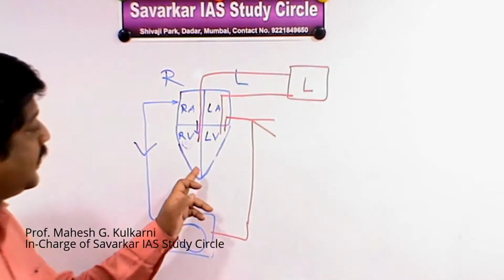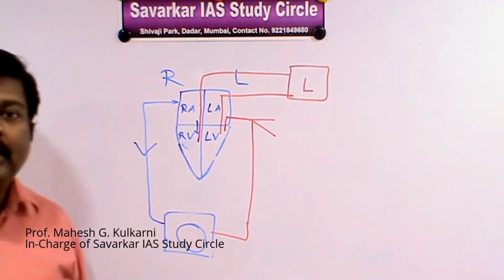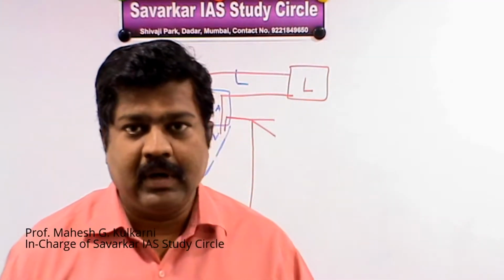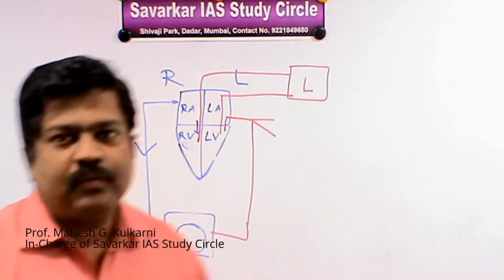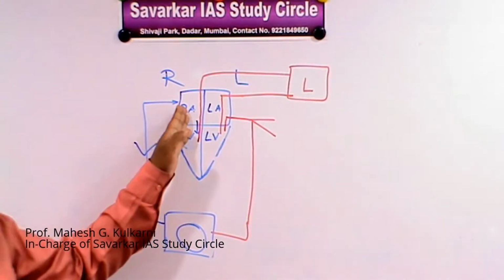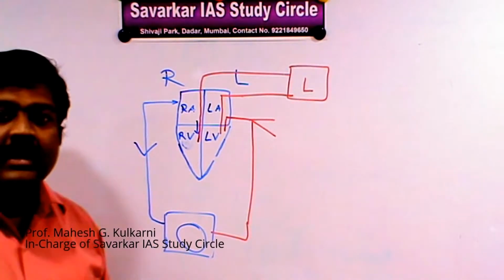So for that purpose this circulation is there. Blood, which in school days was sometimes wrongly called impure blood, we actually have to call deoxygenated blood. So from the organ, deoxygenated blood is coming to the right auricle, and from the right auricle it enters the right ventricle.